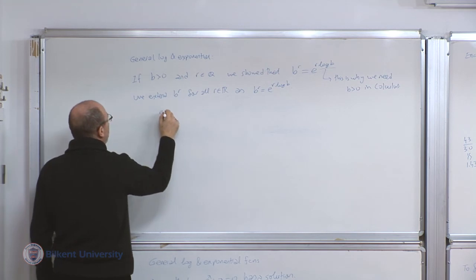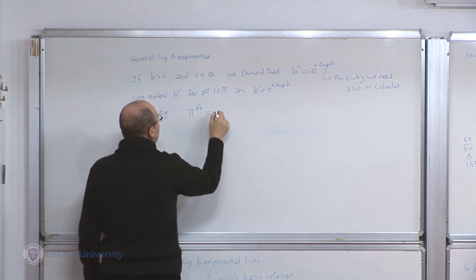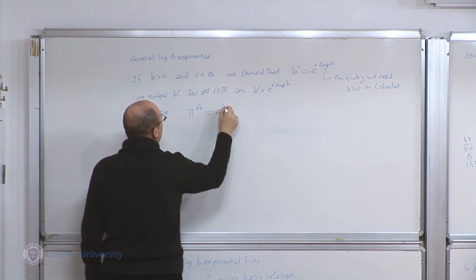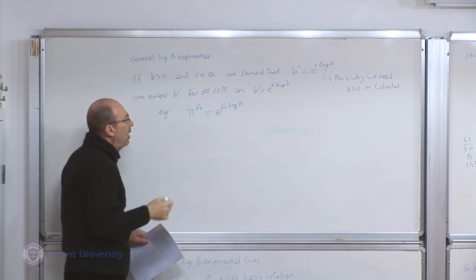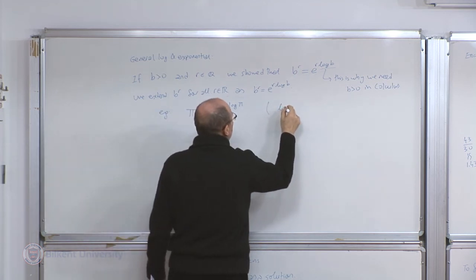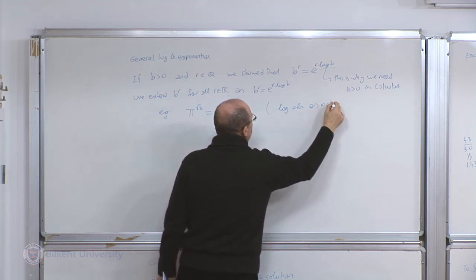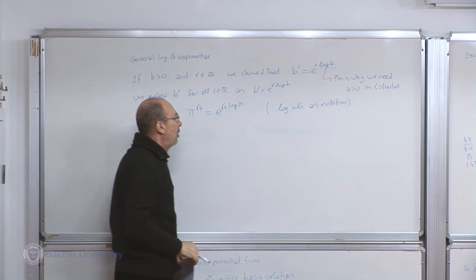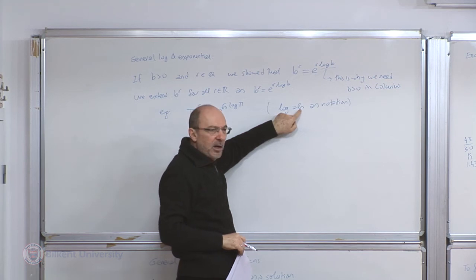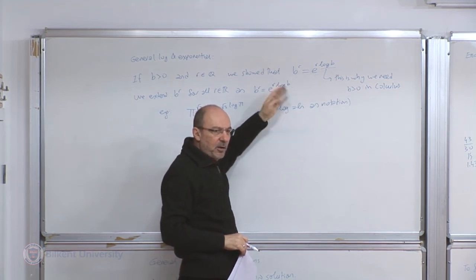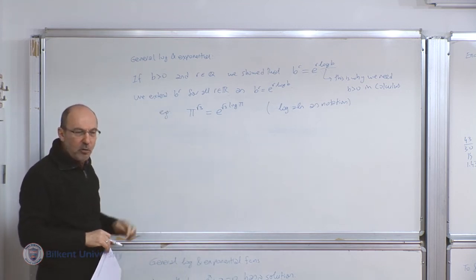For example, you can look at funny numbers like this. What does this mean? This means that you look at e to the square root 3 times log pi. When we write log pi here, this is ln. I'm using log and ln as notation. Later on, sometimes we use ln only for reals and log for everything, but after a while you understand from the context what is going on, so you can use log for everything.